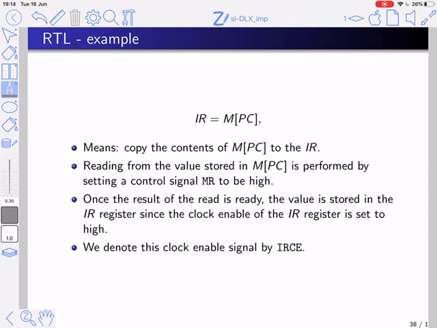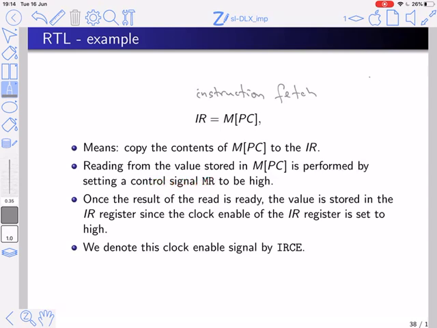So for example, if we look at this instruction fetch, then the goal is to load the instruction register with the contents in the memory of the word whose address is given by the PC, and reading the value that is stored in the memory at the PC is executed by setting a control signal, which is memory read, to be high.